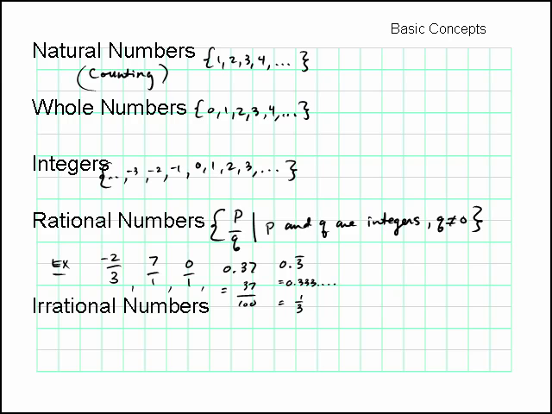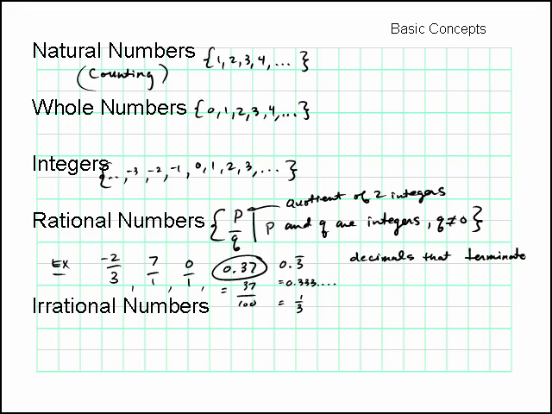So any number that you can write as a fraction, or the quotient of two integers, some books say, I'll put that right here, quotient of two integers, then you have a rational number. All decimals that either terminate, such as my 0.37 example, that's a terminating decimal.